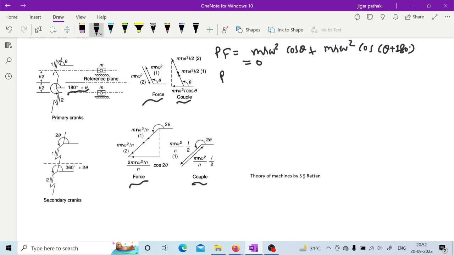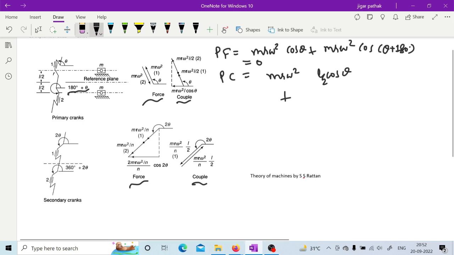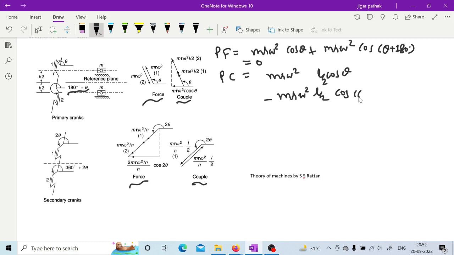For the primary couple, it will be M R omega square L by 2 cos theta, minus M R omega square L by 2 cos of theta plus 180. Why minus? Because in case of couple you are taking a reference plane, so both couples have different directions, and that is why one is subtracted from the other.